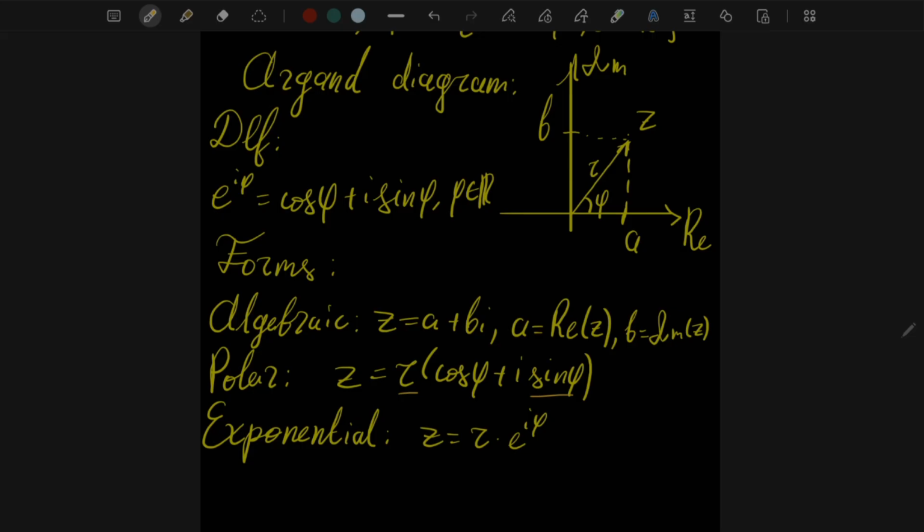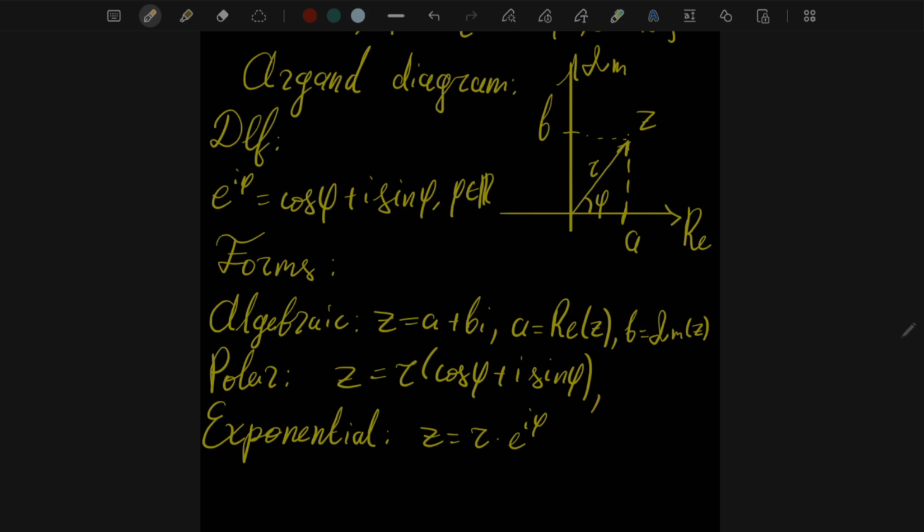And basically, as we introduced the complex vectors on the Argand diagram, it is for all intents and purposes the same thing. And exponential is just a neater way to write it.